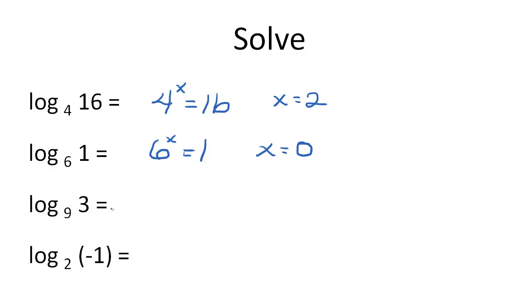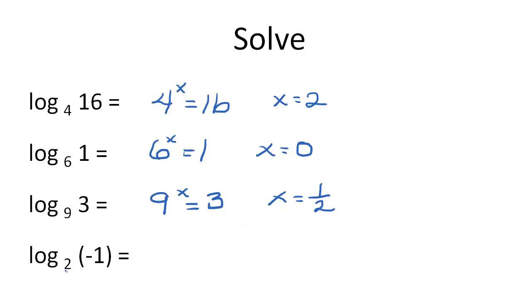Log base 9 of 3 equals what? Translates to 9 to what power gets us 3? A little more difficult here. What do we have to do to 9 in terms of powers to get 3? Take the square root, so x equals 1/2.